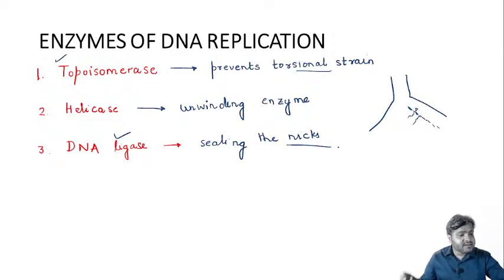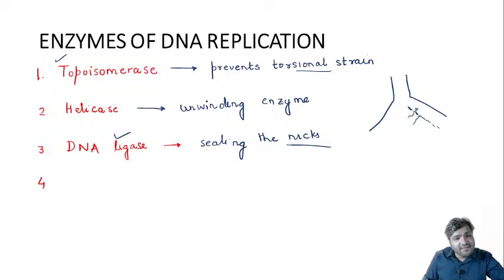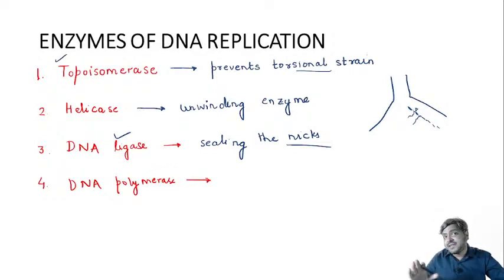Apart from that, guys, remember that we have an enzyme called DNA polymerase, which I will take up separately. DNA polymerase cannot act just anywhere, so it needs an RNA primer to show its action.